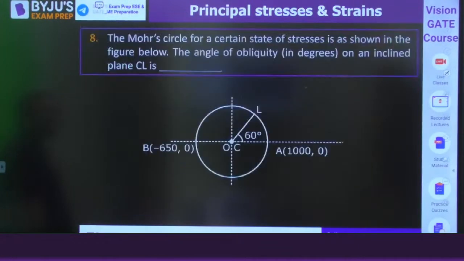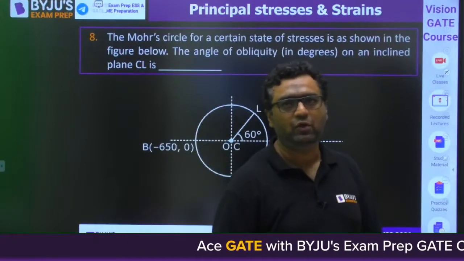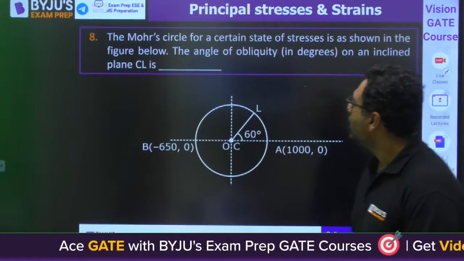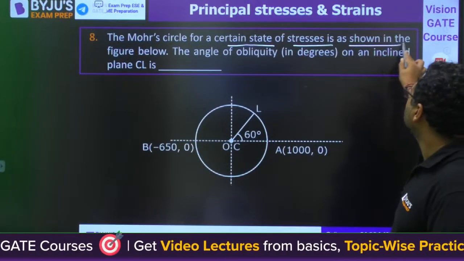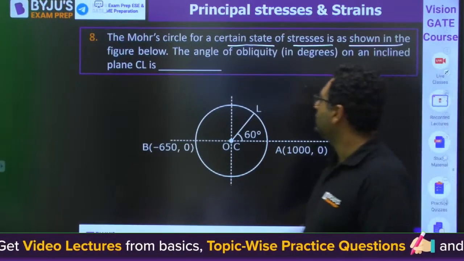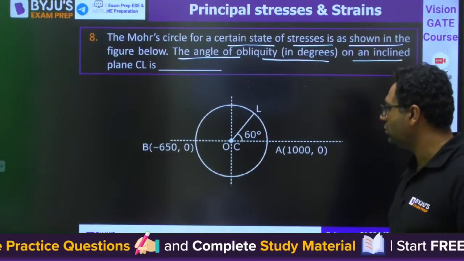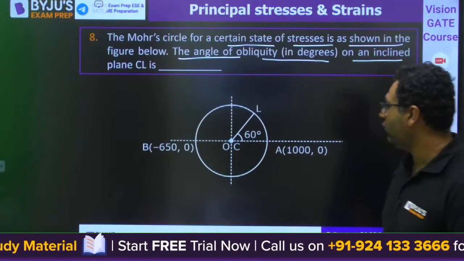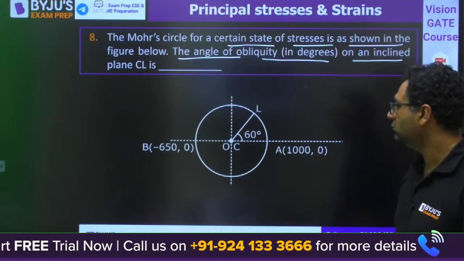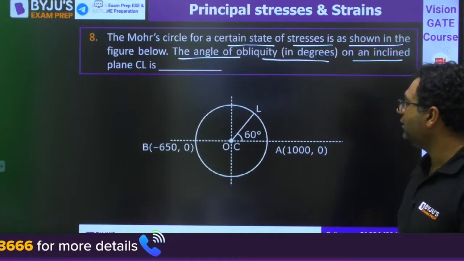Moving further to question number 8. Once again, Mohr circle is given to us. The Mohr circle for a certain state of stresses is shown in the figure. You need to find out the angle of obliquity.